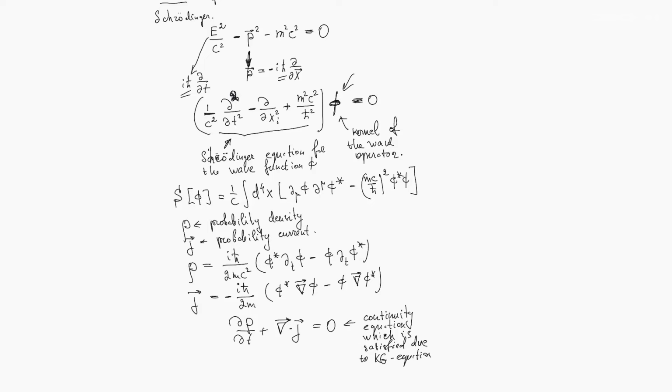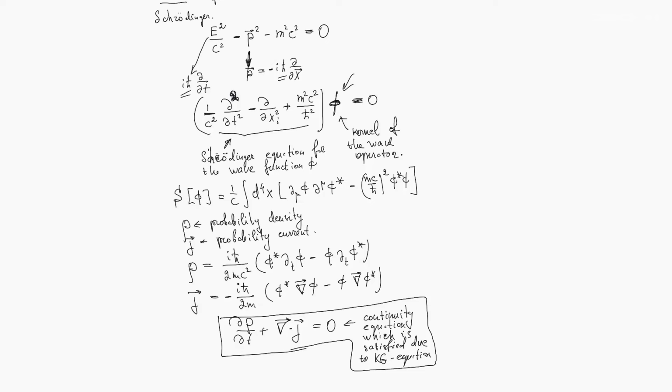Okay, so up to now you follow the standard paradigm of usual quantum mechanics. You introduce rho and J, probability density and probability current, and you see that they satisfy the continuity equation, as you would like to have in the non-relativistic case.